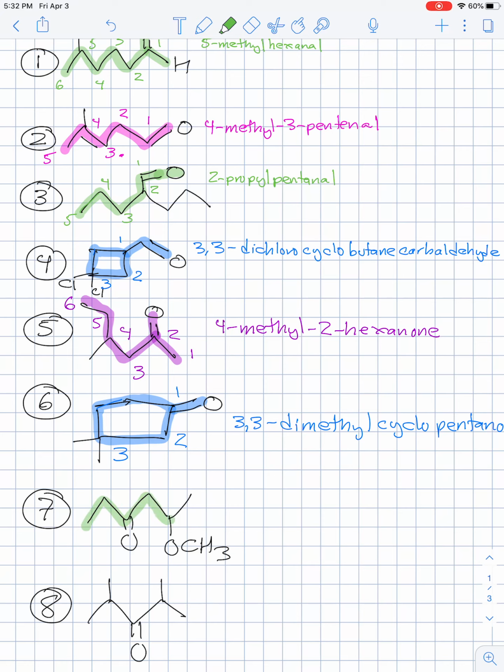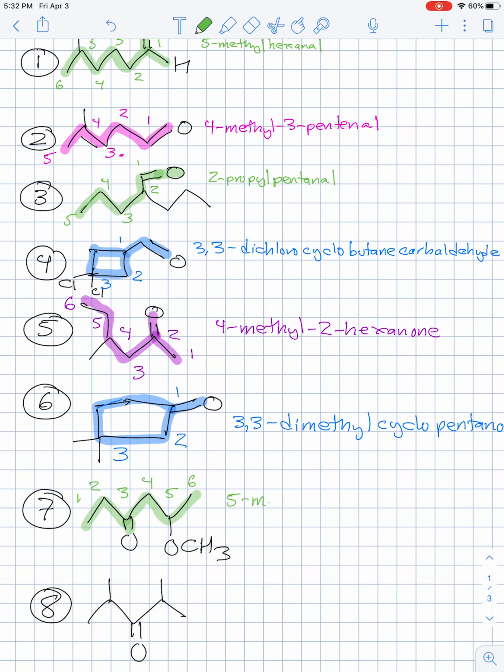And here we go. All right, so here, our longest chain that includes the functional group is that. And we're going to number to give that ketone carbonyl the lowest possible number. So 1, 2, 3, 4, 5, 6. And now we need to figure out what we need to call this group.